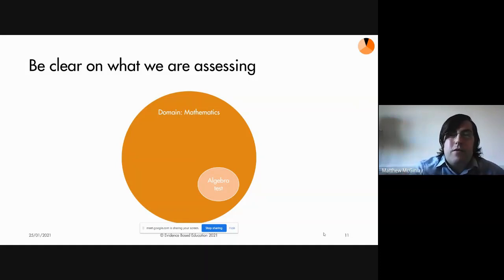And thinking about there's this whole domain of mathematics, but if we tried to give students a grade for maths based upon one algebra test, that test is probably not valid for that particular purpose. So I'm really thinking if we want to assign grades to students, we need to think of a test that is valid and appropriate for that. So validity is about is it valid for a particular purpose?